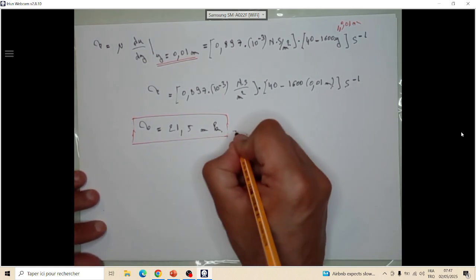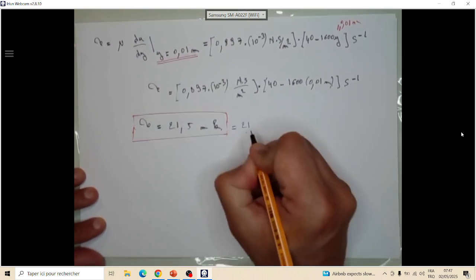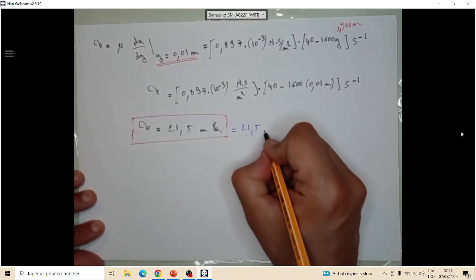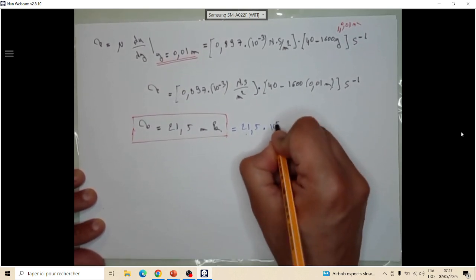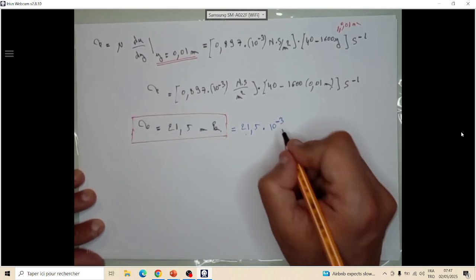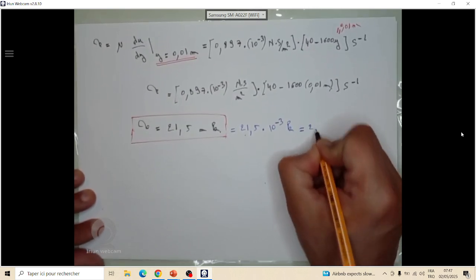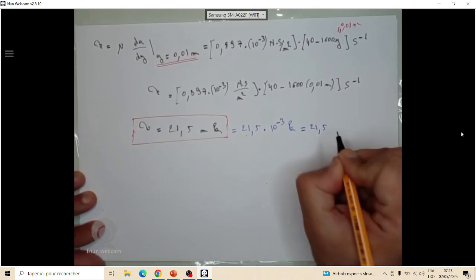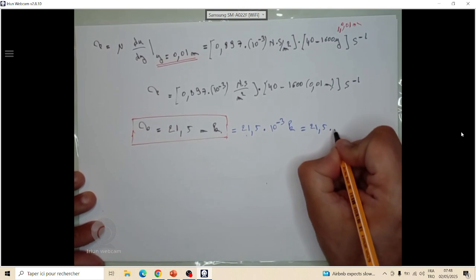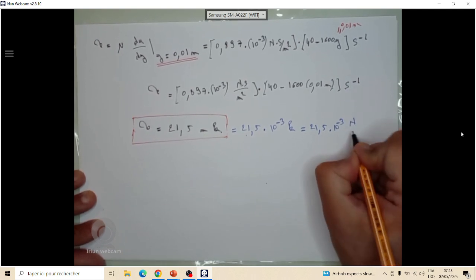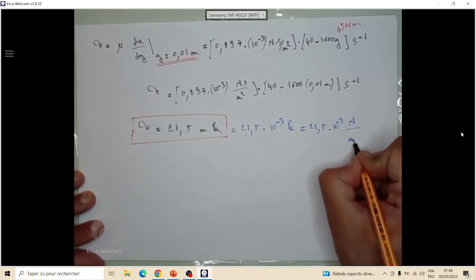Or this one is also equal to 21.5 times 10 to the power minus 3 Pascal, which is equal to 21.5 times 10 to the power minus 3 Newton per meter squared.